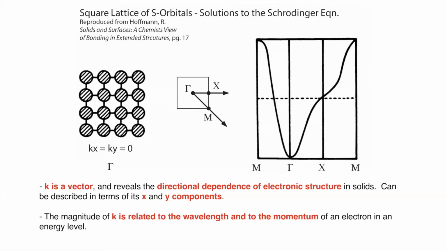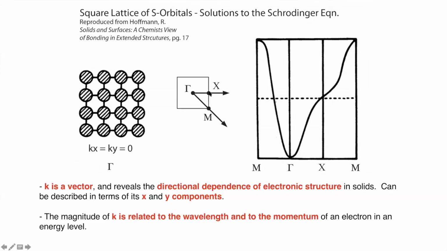But the directions that are relevant, the unique directions in this crystal of s orbitals, give rise to their own Brillouin zones. Shown on the right is an E versus k diagram, and gamma, this symbol down here, represents kx and ky equal to 0.